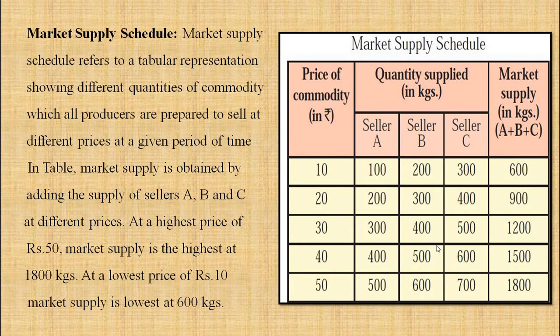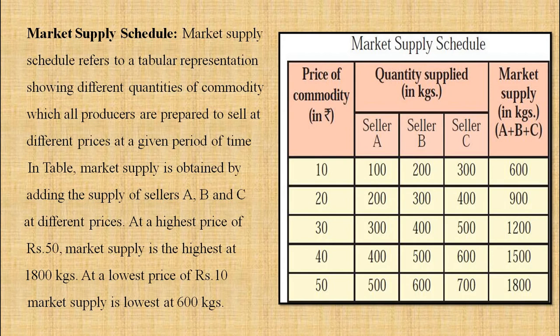Now let us understand market supply schedule. As we discussed in the market demand, in the same way we just take 3 sellers for the sake of convenience in the example. Market supply schedule refers to the tabular representation showing different quantities of commodity which all producers are prepared to sell at different prices at a given period of time.